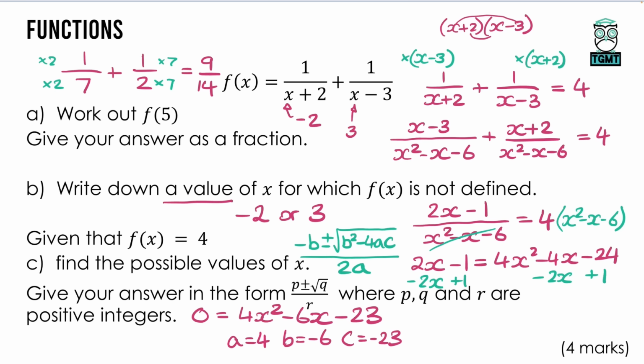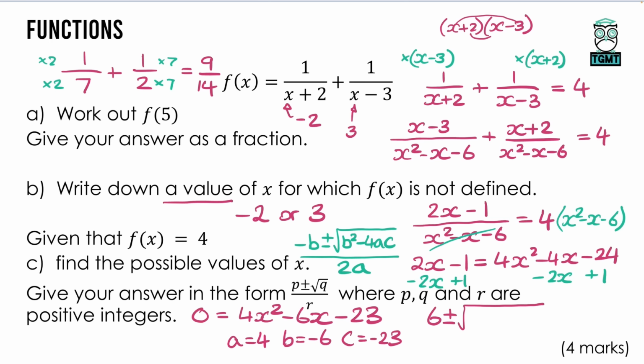So if we put it into the quadratic formula, we will have minus b becomes 6 plus and minus. We then have the square root of, and as we're using a calculator, we could type this all in one go. So we have negative 6 squared, which is best to put into brackets. So negative 6 in brackets, squared on the outside of the bracket, minus 4 times a, which is 4, times c, which is negative 23.